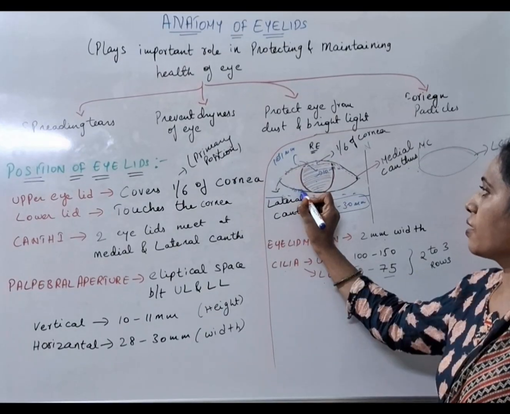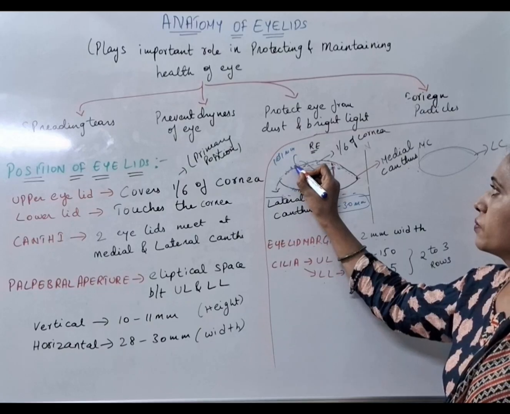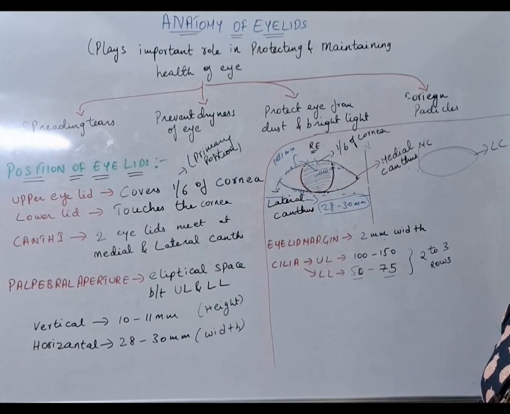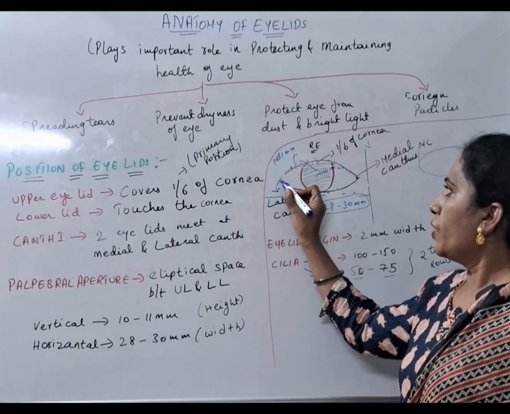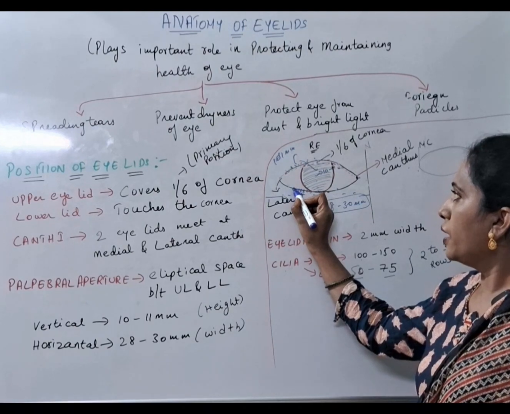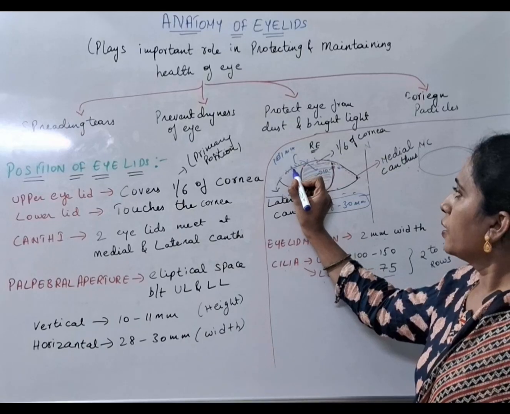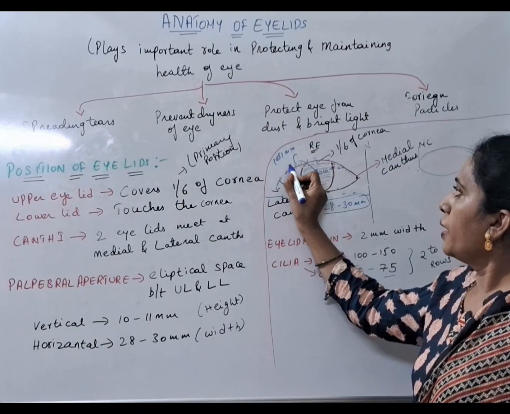These eyelashes are arranged in 2 to 3 rows. One more thing you need to remember is, for the lower eyelid, the eyelashes will be down and outward, and for the upper eyelid, the eyelashes will be up and outward.